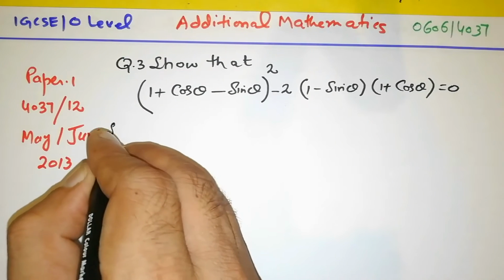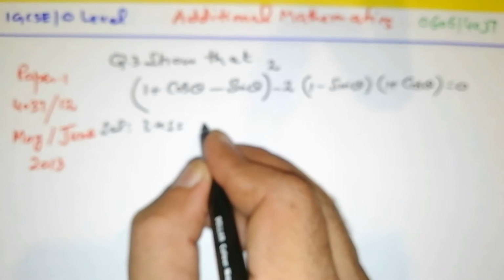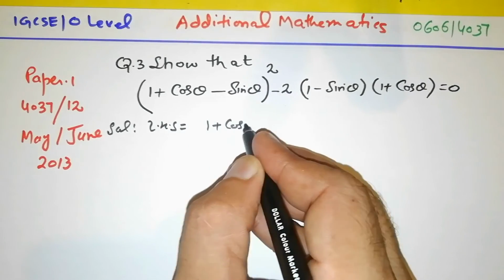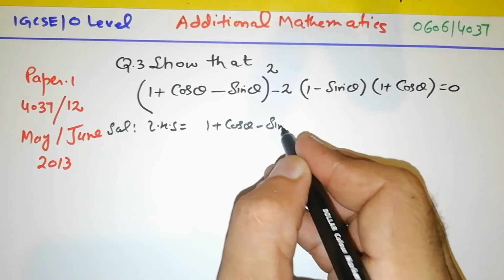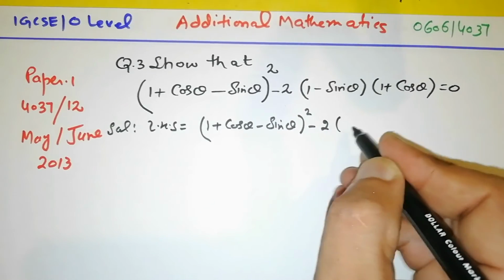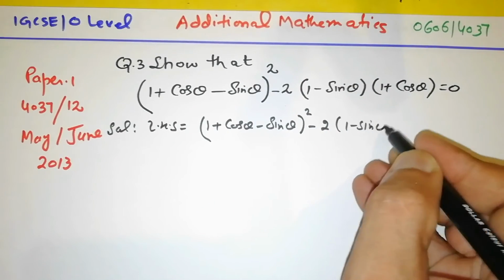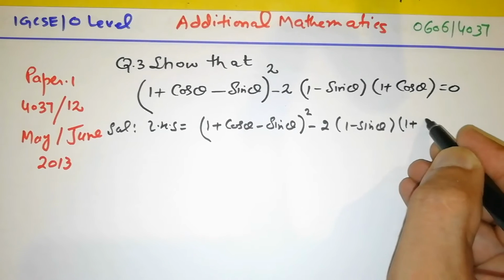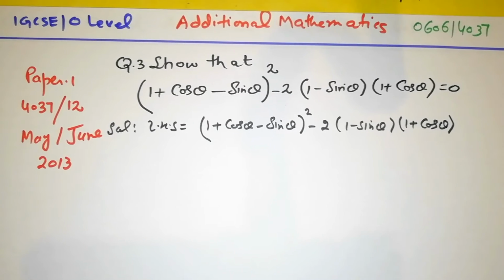So we have its solution, and we take its left hand side, that is 1 plus cos theta minus sin theta, squared, and minus 2 times 1 minus sin theta and 1 plus cosine theta.